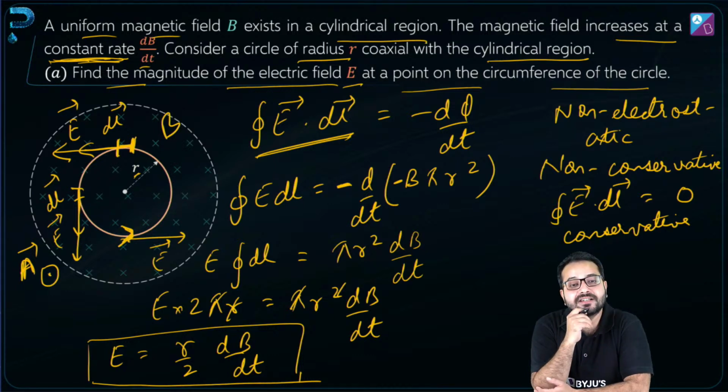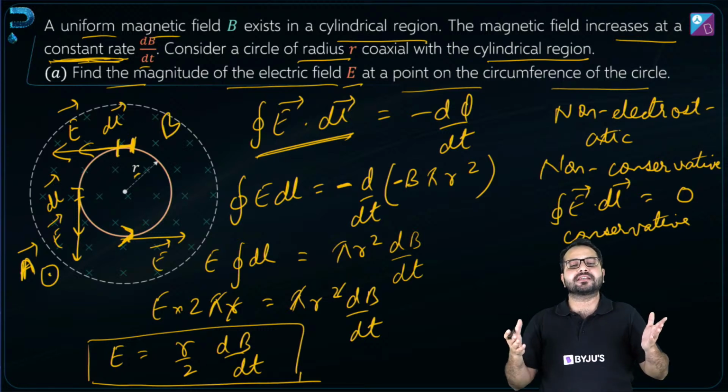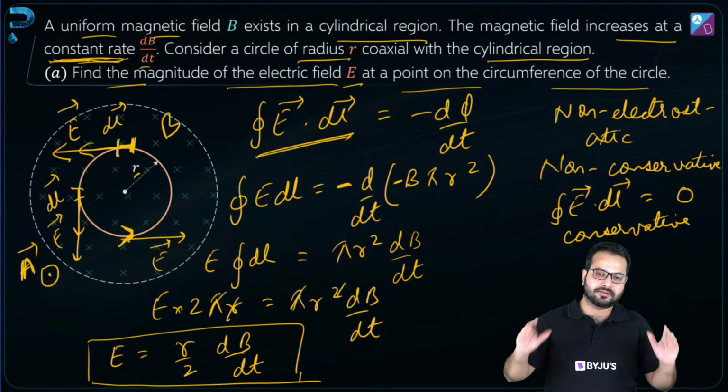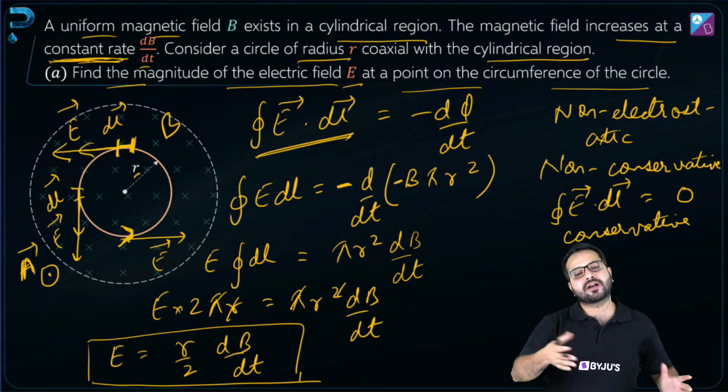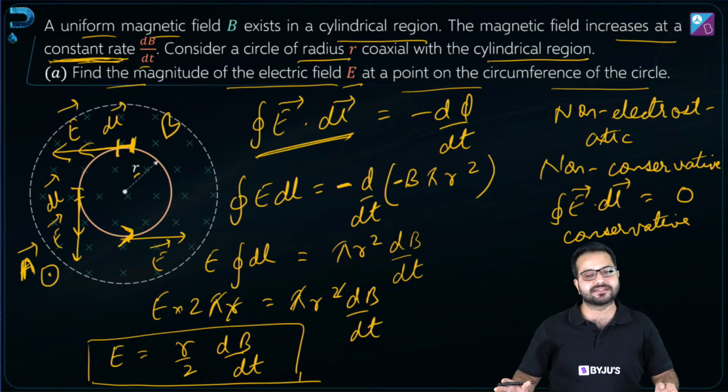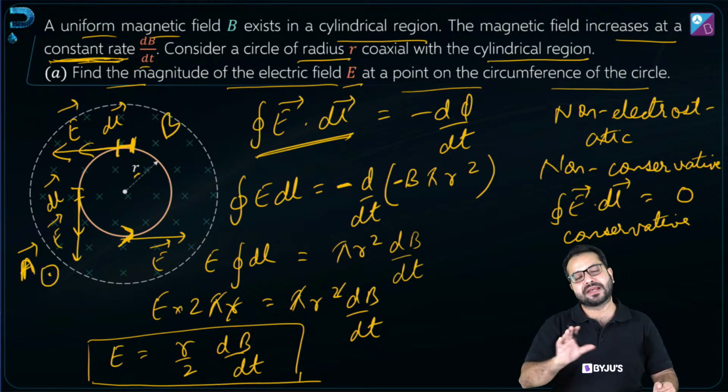But if dB/dt was decreasing, then dB/dt would come out negative and hence E would come out negative. So I'll say that the electric field is going to be in the opposite direction. That's all. The direction of current, the direction of induced EMF, you can also find using Lenz's law. That's not difficult at all, you can find that very easily.